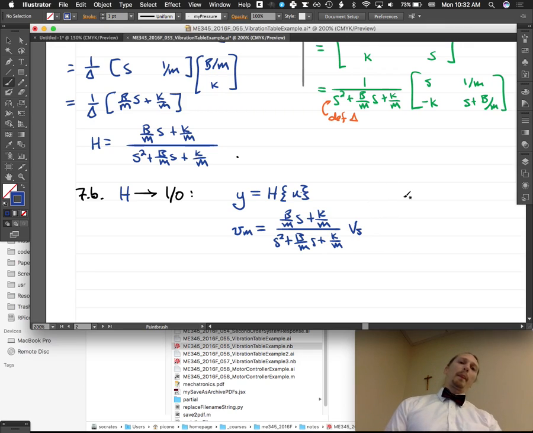Is that multiplication? So, if you recall in the lectures on operators, we discovered that you can actually treat these as algebraic variables. However, interpretation-wise, we should be careful to recognize that they are in fact operators. S is in fact an operator, and this is actually a polynomial operator. We defined the polynomial operator. However, you can manipulate these polynomial operators in the same way that you manipulate algebraic equations, and so an algebraic expression.